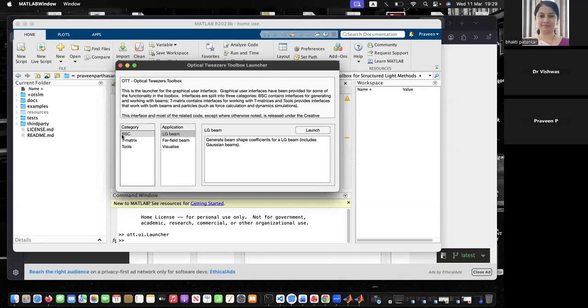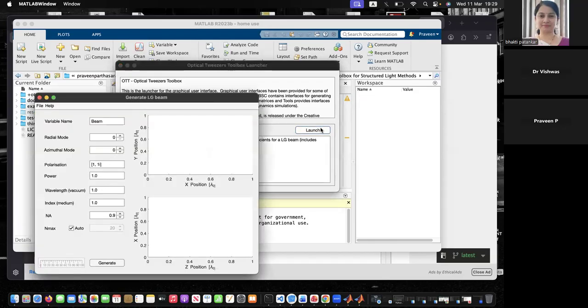That is called the beam shape coefficient. We are now going to set up our beam. I'm going to say BSC, beam shape coefficient, and then it says LG beam. I'll simply say launch.